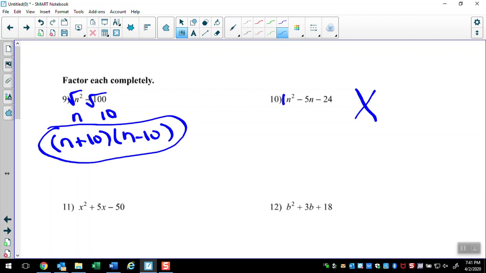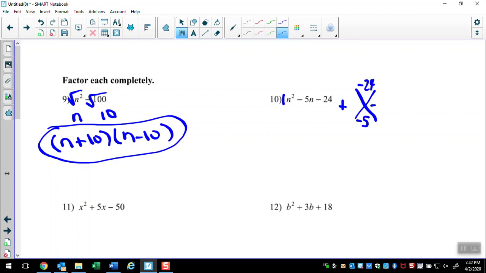Right. This one here, I'm going to do my magic x. So 1 times negative 24 is negative 24. And then my middle term, negative 5, goes at the bottom. So I need factors of negative 24 that add up to negative 5. Since this is negative, I'm going to have one positive and one negative. My bigger number is going to have to be negative since this is negative.